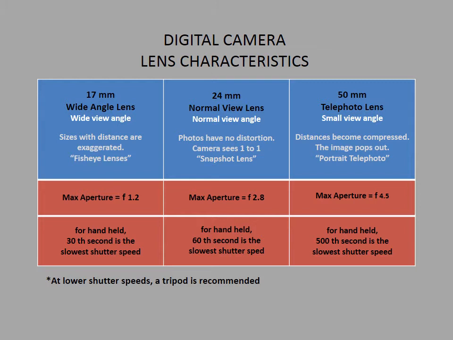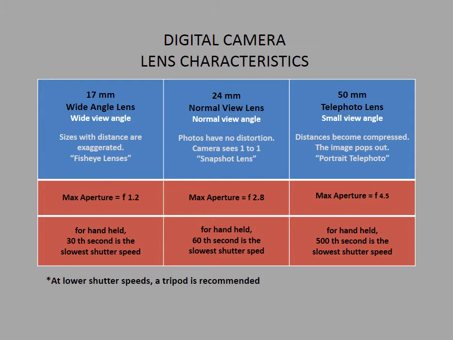Fisheye lenses are totally wide angle, about 180 degrees, and allow quick shutter speeds, maybe 1,000th of a second, because of the wide 1.2 opening that they normally have.